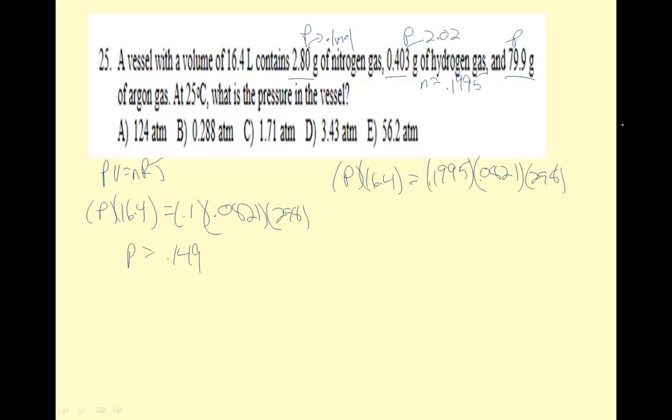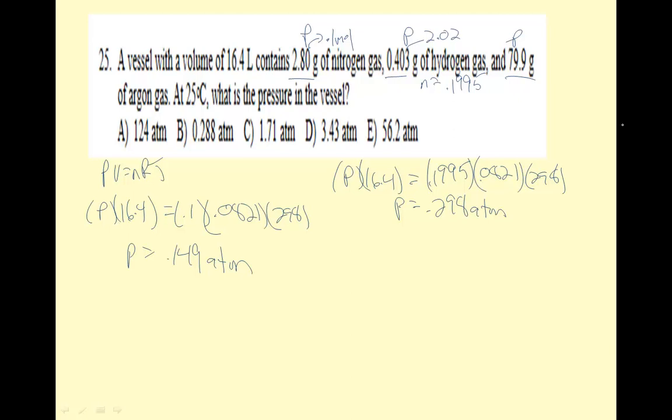Solve for this. Times 0.0821 times 298 divided by 16.4, and P equals 0.298. By the way, this will come out in atmospheres because of the R I chose.